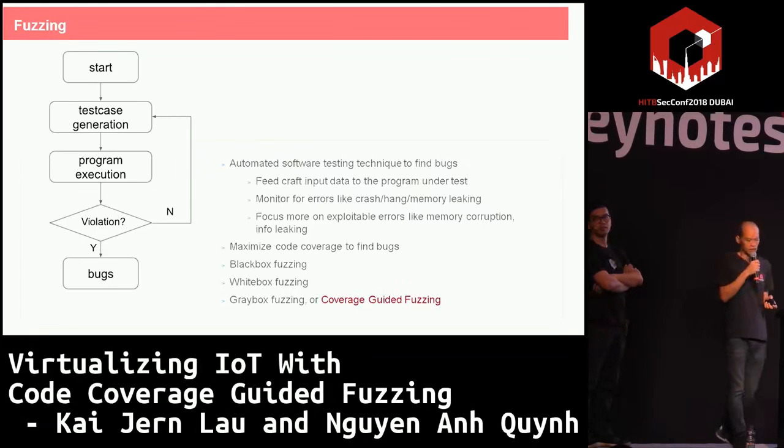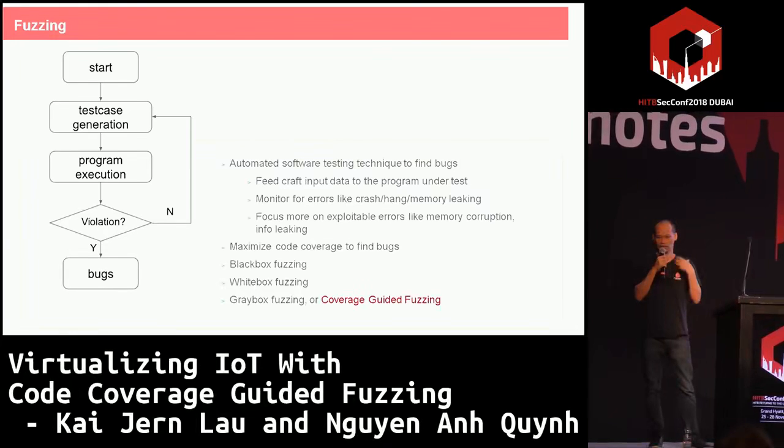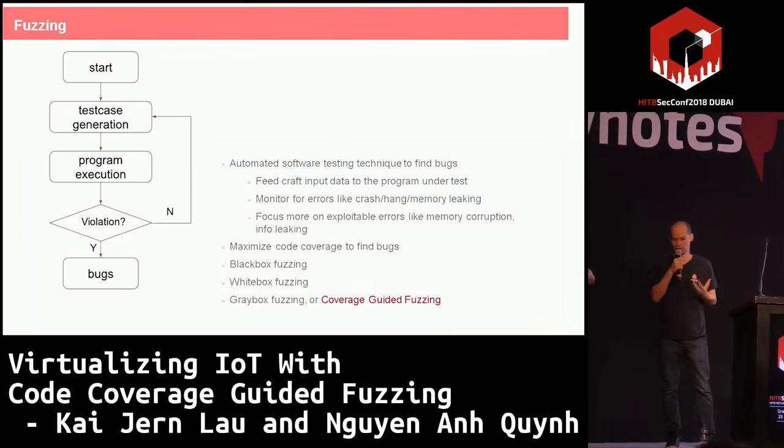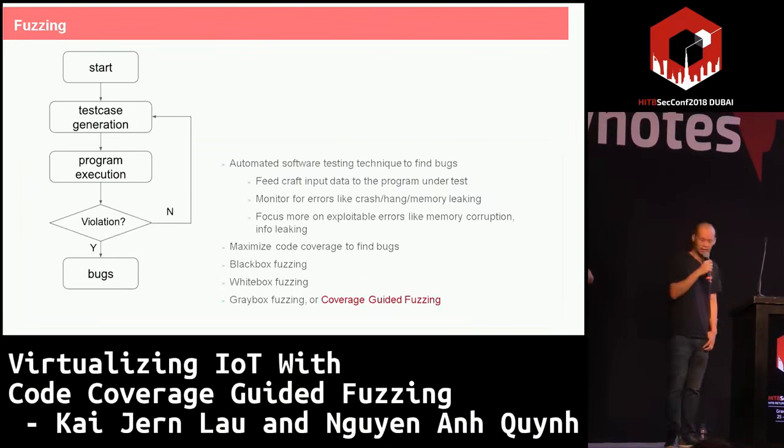We focus on bugs like memory corruption or information leaking. We have a vulnerability or zero day finally. There are many kinds of fuzzers, but all of them focus on how to generate better input so you can exercise as much code as possible in the huge code space of the program.